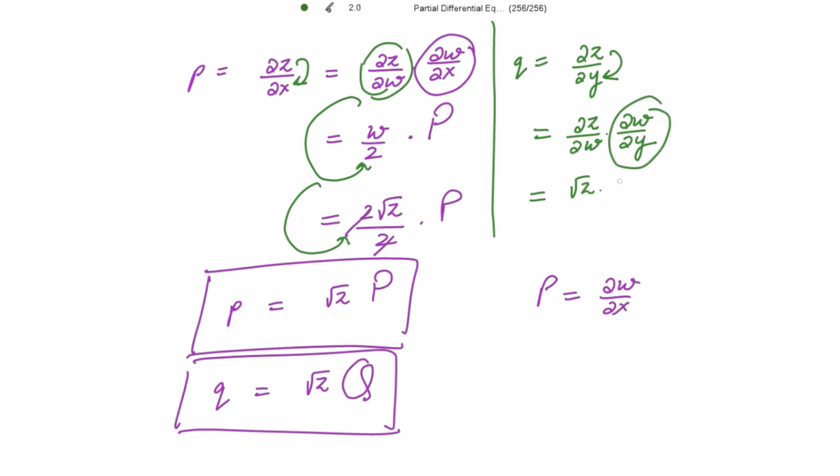And we take capital Q to be ∂w/∂y. It is important to mention.